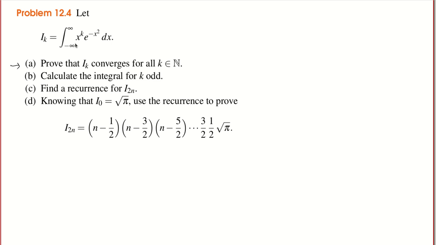Well, this is an improper integral in both extremes, so to address that we have to deal with two integrals, not just one. You have to deal with the integral from 0 to infinity, and then the integral from minus infinity to 0.